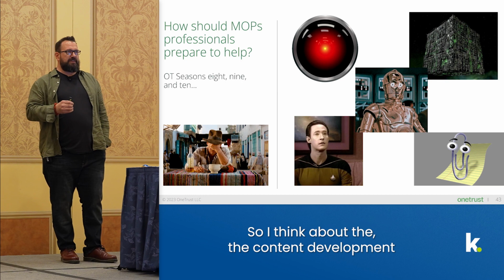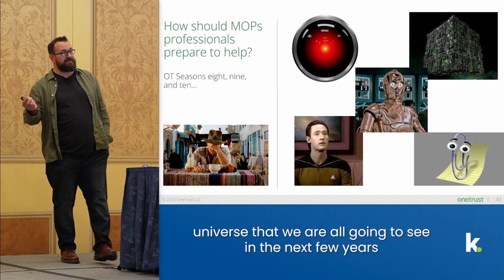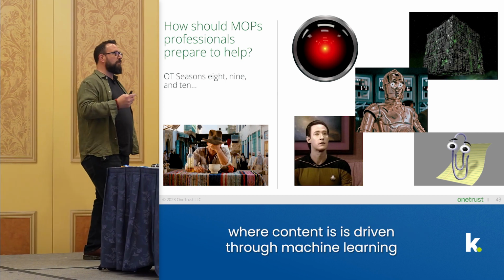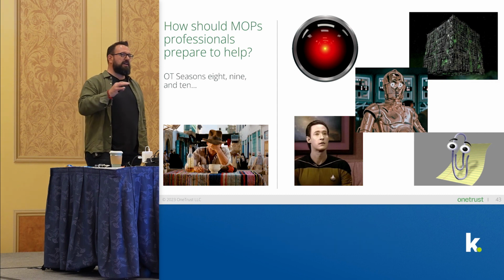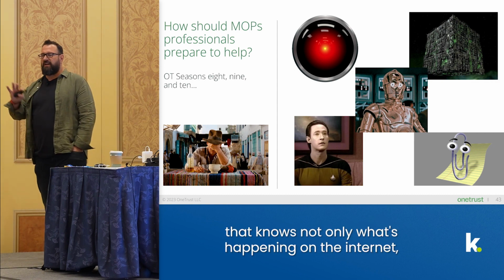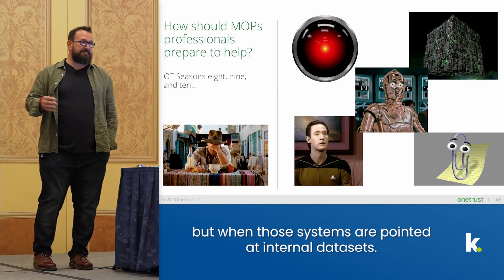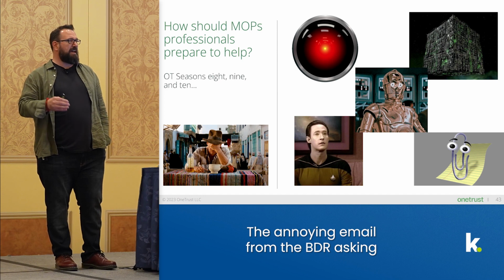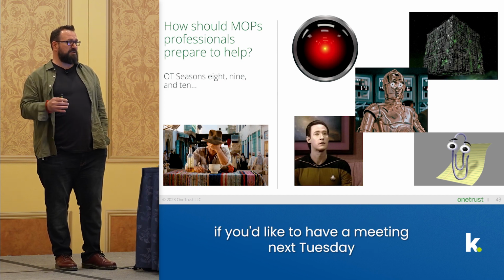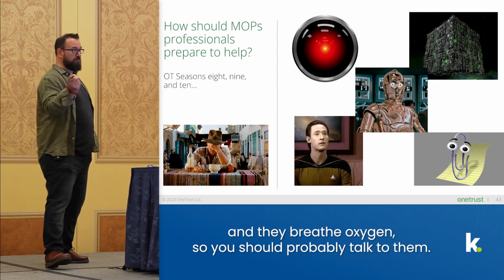So I think about the content development universe that we are all going to see in the next few years, where content is driven through machine learning that knows not only what's happening on the internet, but when those systems are pointed at internal data sets, the annoying email from the BDR asking if you'd like to have a meeting next Tuesday because they realize that you breathe oxygen and they breathe oxygen, so you should probably talk to them.